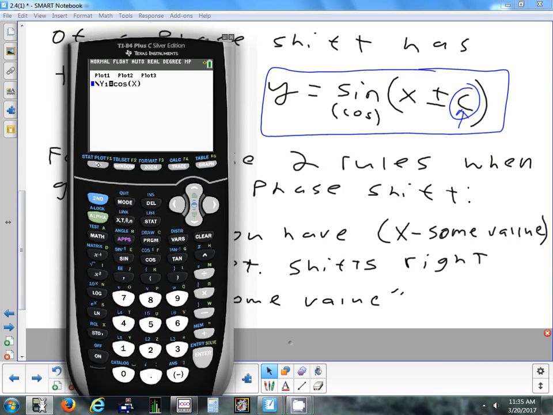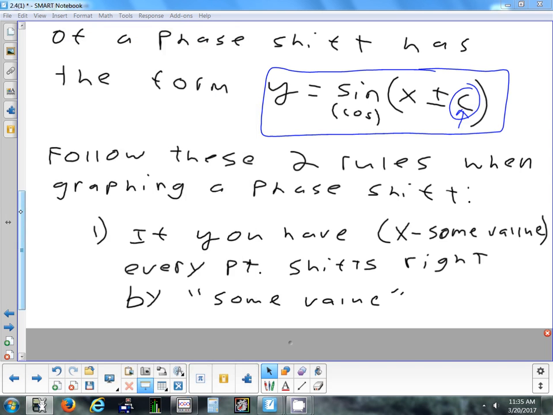I'm going to do more of a shift so it's bigger and easier to see. I'm going to do minus 70. So I'm going to shift this 70 degrees, and minus means to the right.